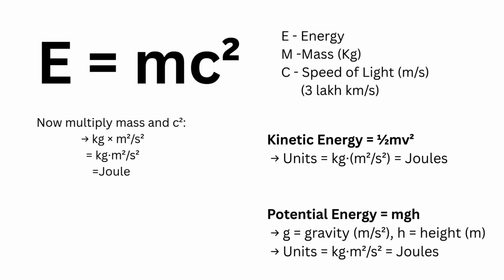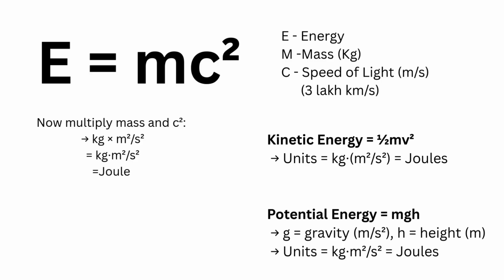So in all forms of energy, velocity square is involved. If you see, velocity square is present in all energy. That means whenever mass is involved in energy, velocity square must be part of the equation to make the unit work.